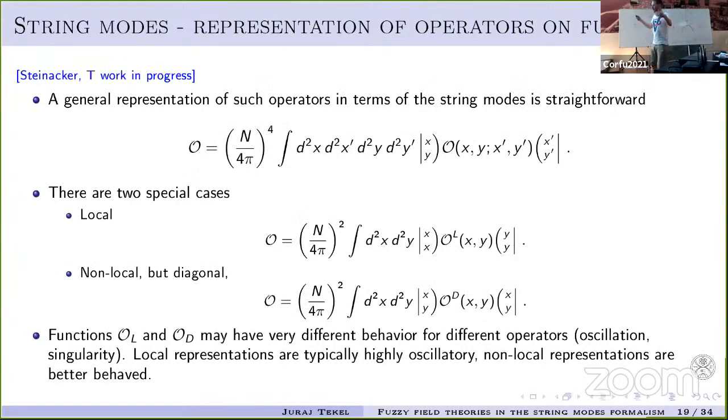And now you can play the same game. You can try to express operators, which are at the end of the day n squared times n squared matrices, in this new basis of string modes, similarly as we did a couple of slides ago. And now again, you can try to see what kind of functions you can get here. You can try to force the operator to have this local expression, but then the local functions are very, very oscillating, and something that's better behaved is this diagonal but non-local expression.